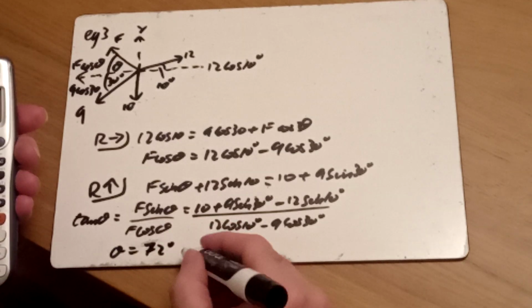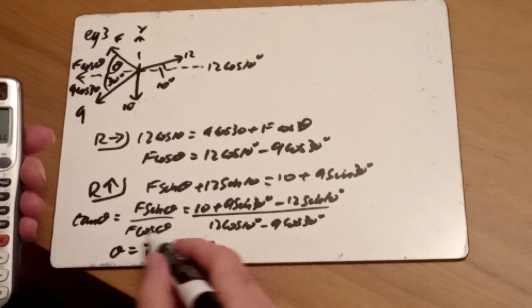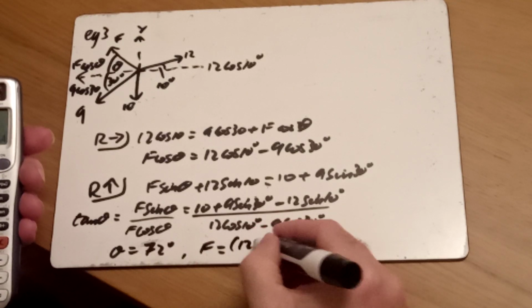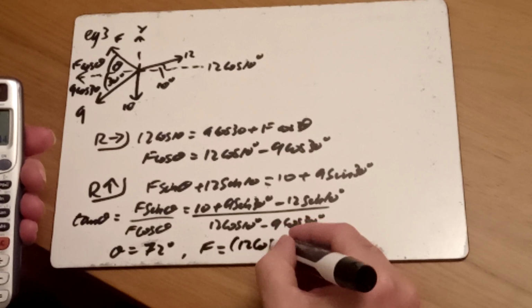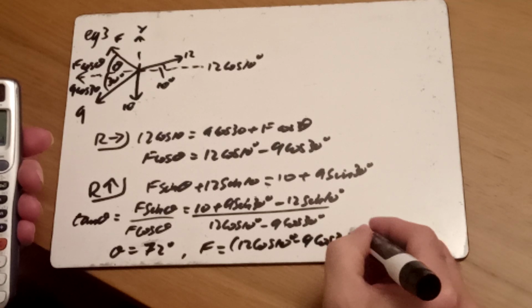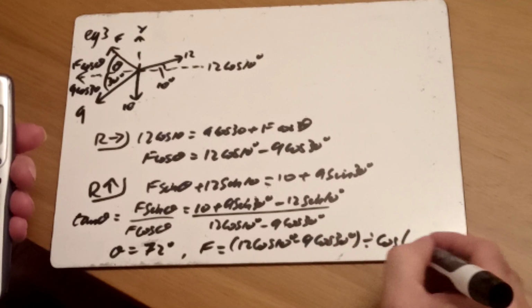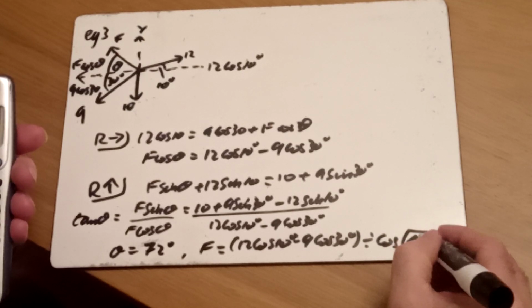And now all I've got to do to find F is do either of these. That's the shorter one. 12 cos 10 degrees minus 9 cos 30, and then divided by cos whatever my answer is there.